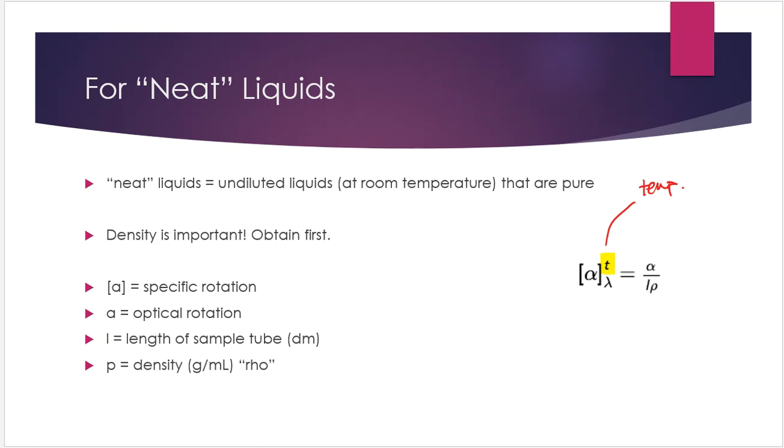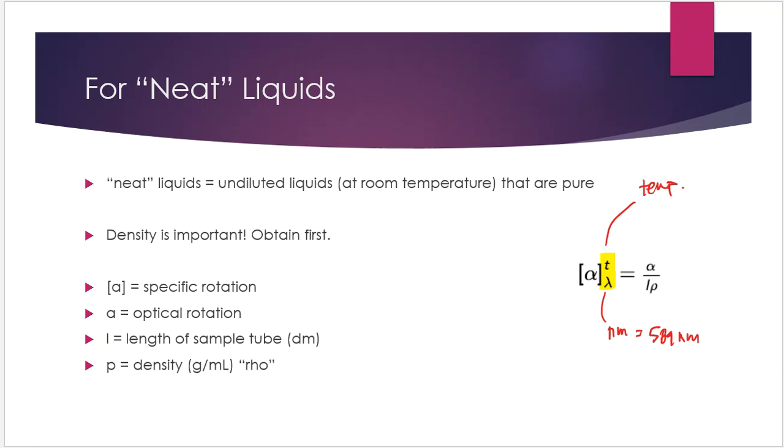Next up, something else that we also talked about already is this little squiggly thing down there. That is going to stand for the wavelength, and the wavelength is going to be in nanometers. And we said 589 nanometers was the wavelength that the sodium D lamp provided. So depending on the bulb that's used in the polarimeter, we could be getting measurements that are obtained by not using 589 nanometers.